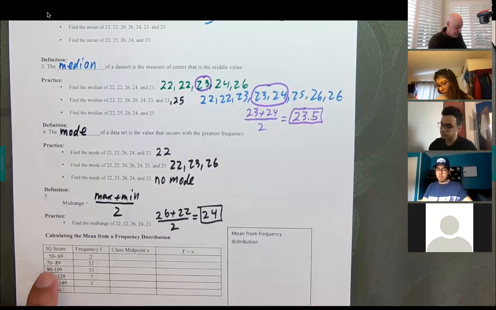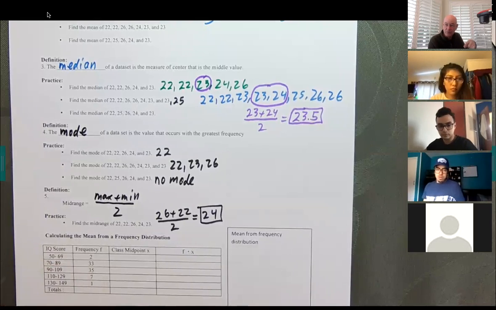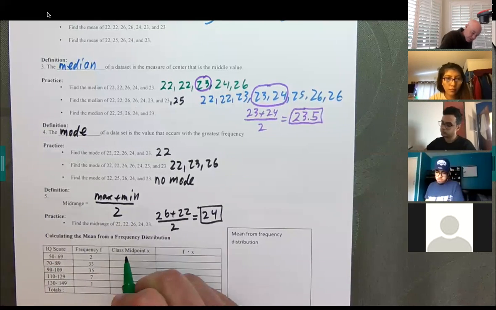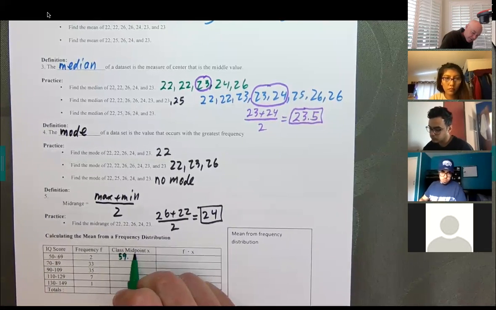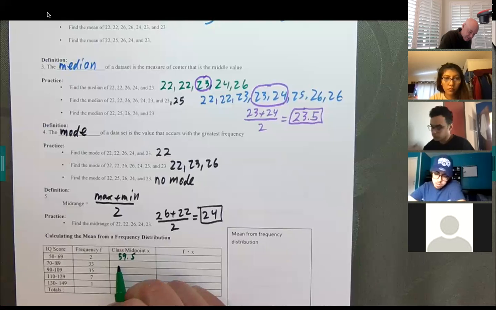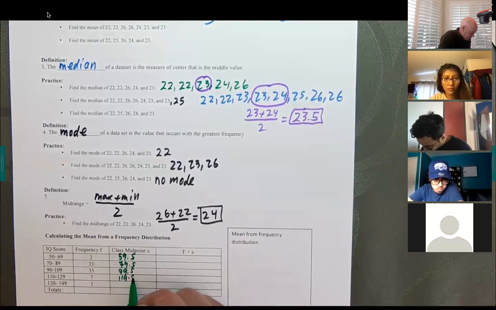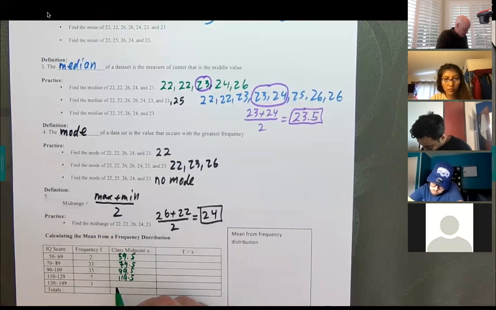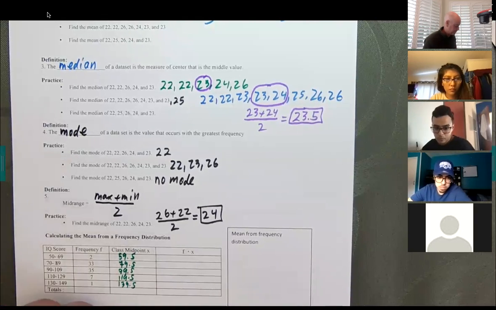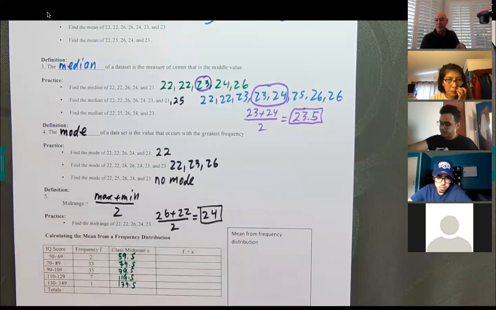The midpoint was the 50 plus the 69 divided by 2, which gives us the 59 and a half. This one's 79 and a half, 99 and a half, 119 and a half, and 139 and a half. Again, I'm adding the upper and the lower limits, dividing by 2.